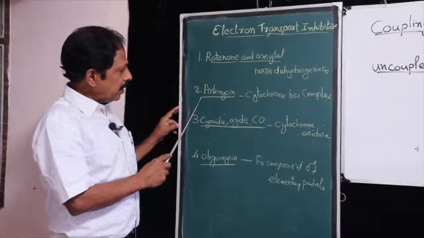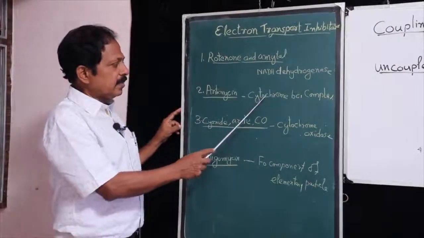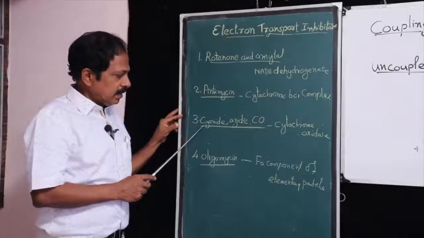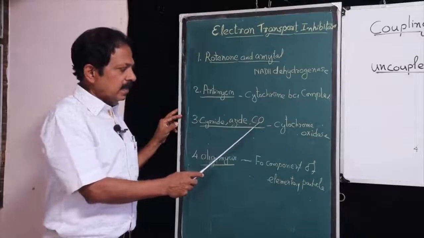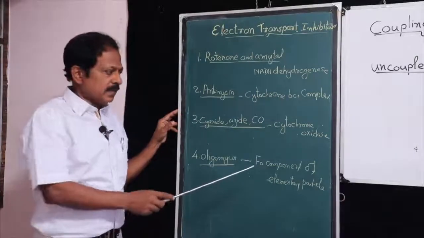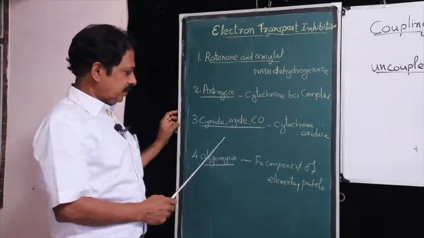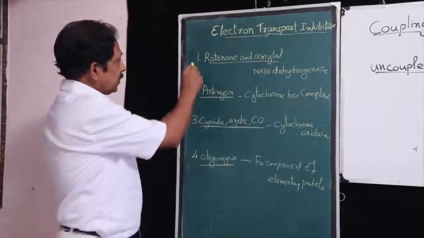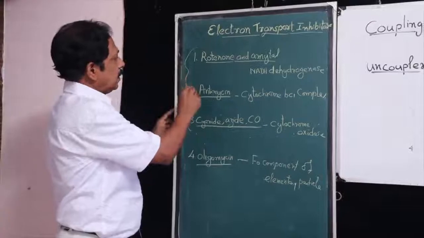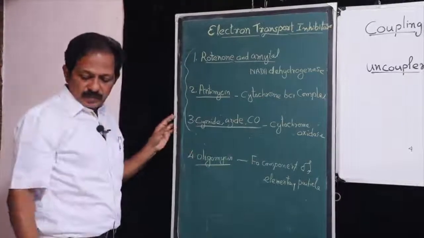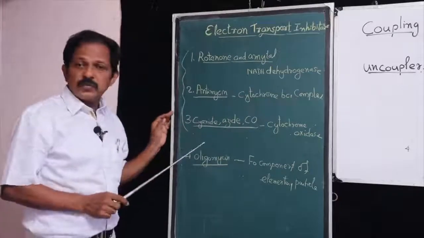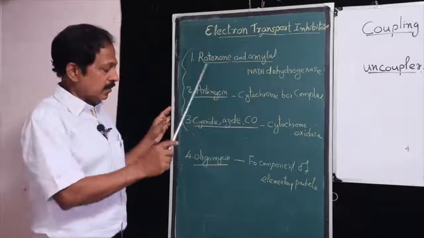Then antimycin inhibits the cytochrome BC1 complex, and cyanide, azide and carbon monoxide inhibit the cytochrome oxidase. These three affect the electron transport chain, which will be disturbed because these complexes are related to the electron transport.